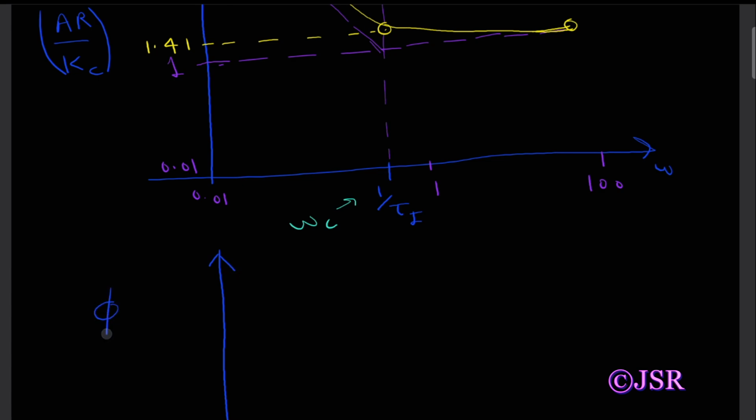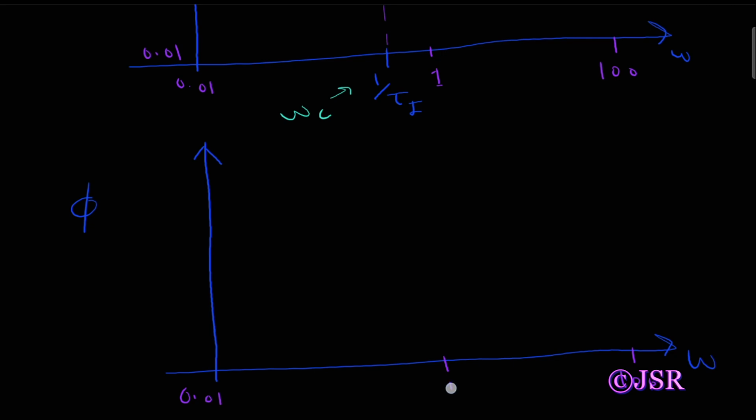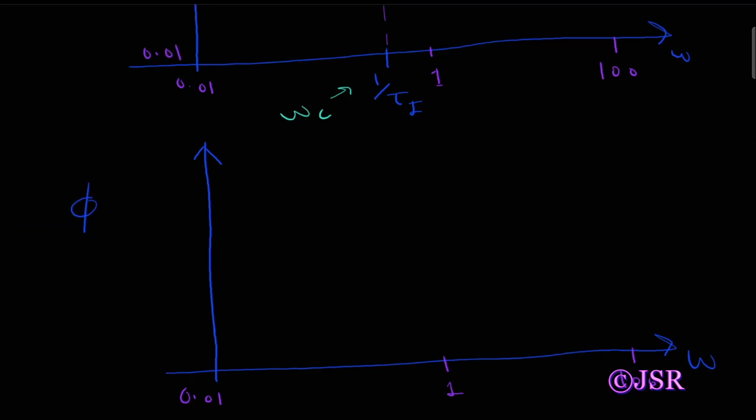So this is, let's say, phi in the y-axis, and this is omega, and this is again 100, this is 0.01, and this is let's say 1, and let's extend this corner frequency along the vertical axis. So this is 1 upon tau I.